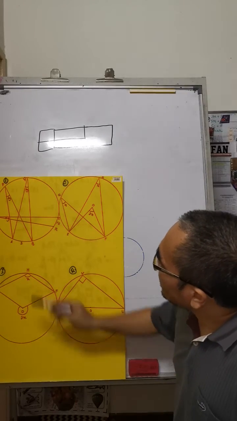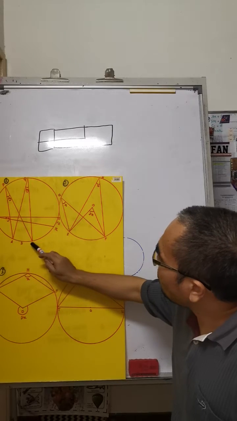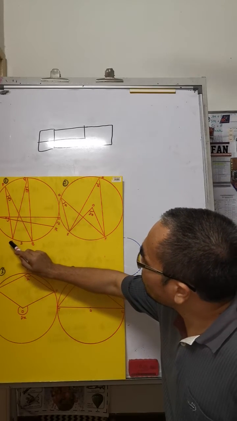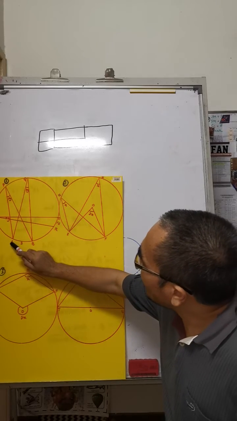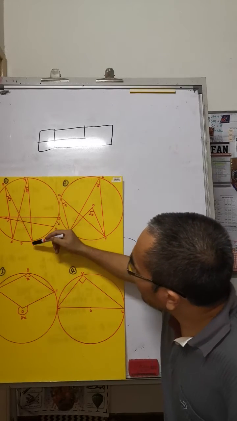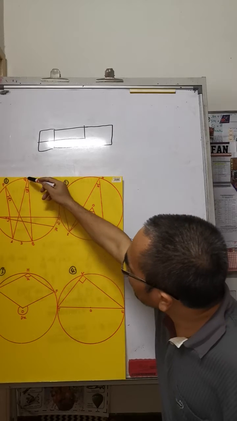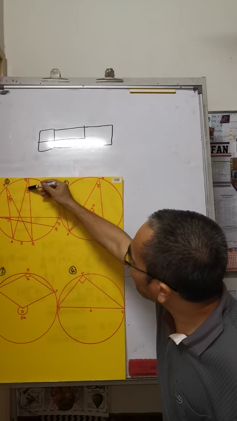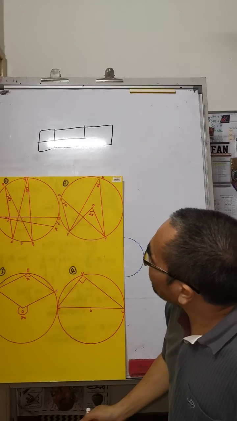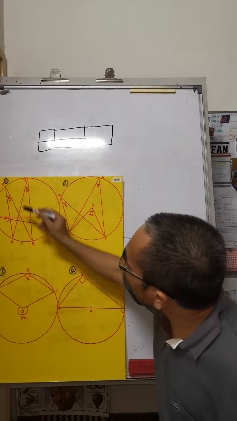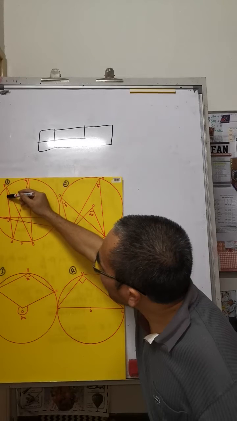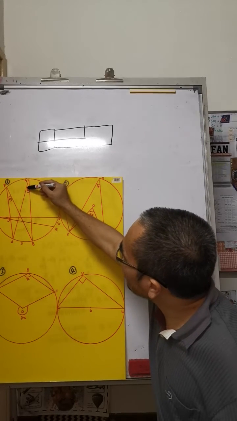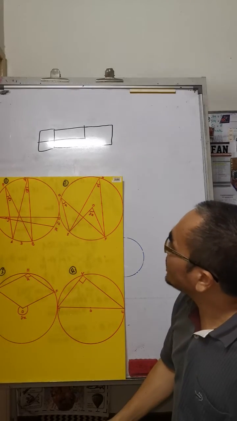That is, if we have an arc AB, from A to B, and A to B goes to Q, B also goes to P, we have an angle here. Whatever is the value of the angle at Q, the angle at P is the same. So let's say the angle here is 40 degrees, the value here is also 40 degrees.